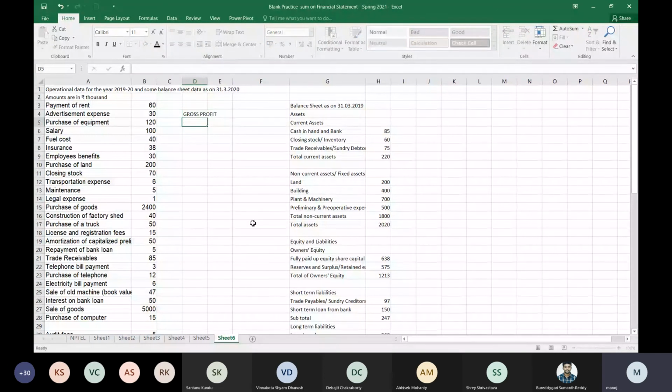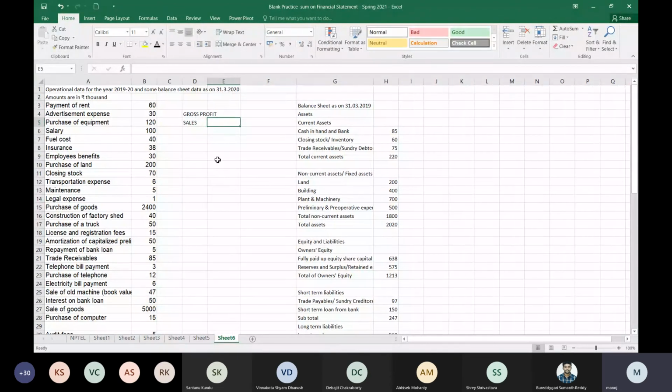First item for gross profit is sales. Let's see what is the sales. Sales may be machine sales, that does not come here. Goods sales, meaning whatever is your business, selling grocery or stationery or software or computers. If that is your business, then how much money you earn selling those, that is the sales.